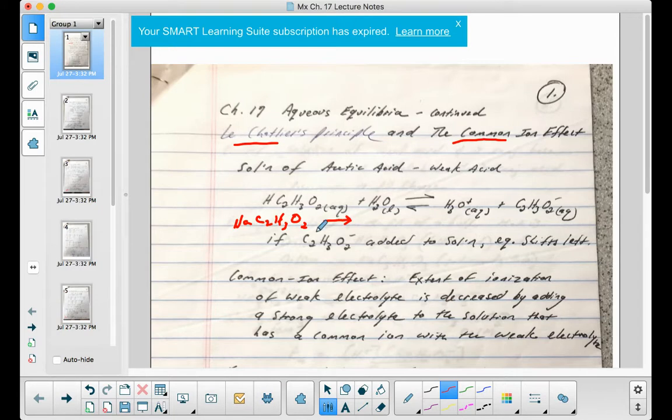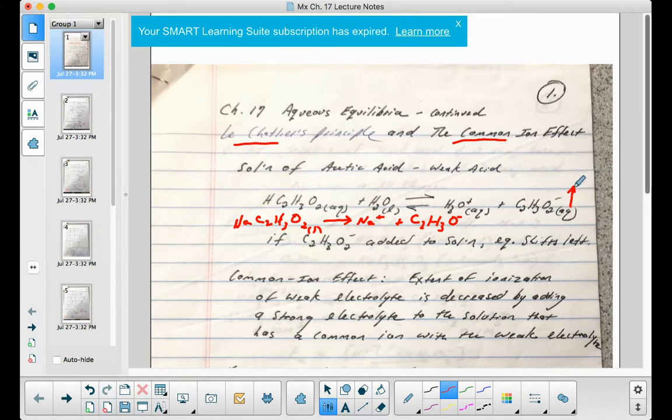Because it's a salt, when placed in water it will completely ionize into the sodium ion and the acetate ion. So what I'm doing effectively is increasing the concentration of the acetate ion by adding that sodium acetate salt.